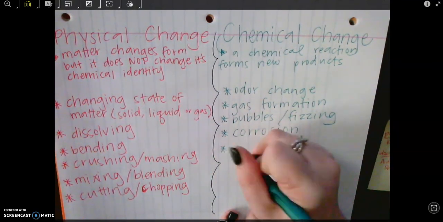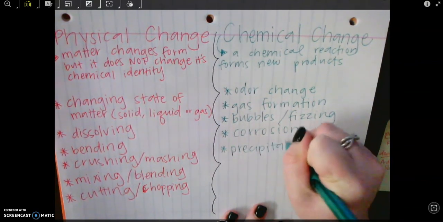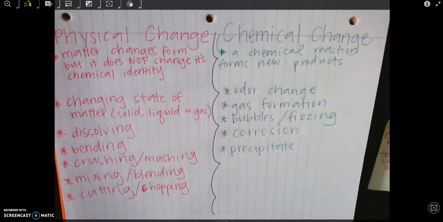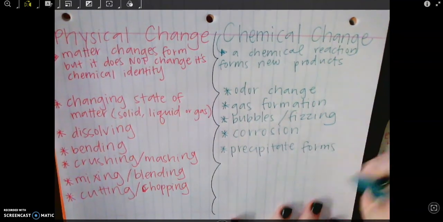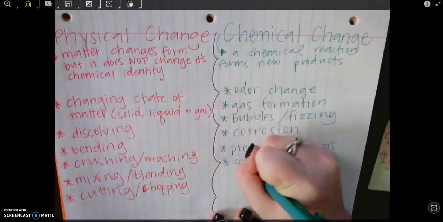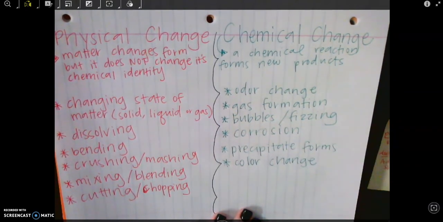If a precipitate forms, which essentially is like the solid that sinks to the bottom of a liquid. Color change is a tricky one, but typically is an indicator of chemical change.